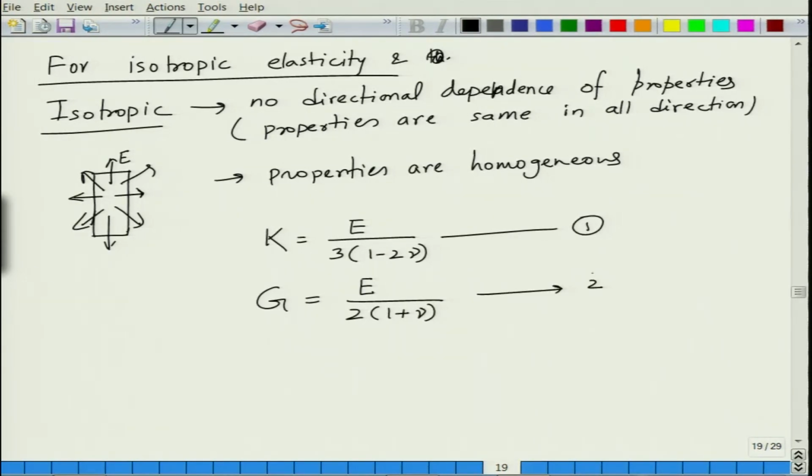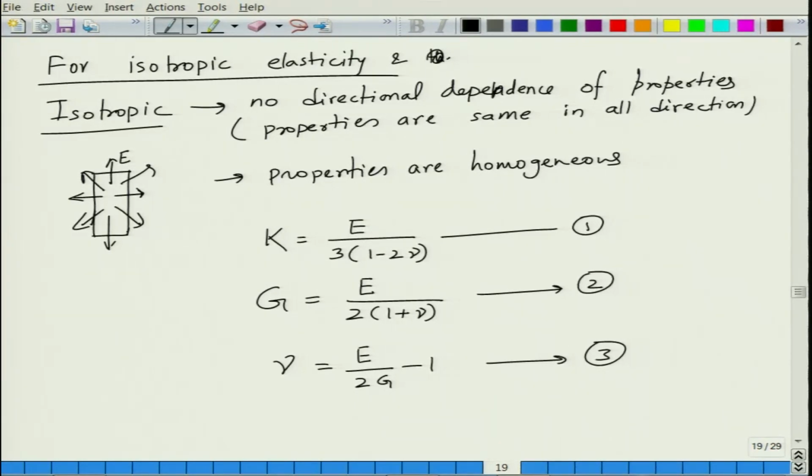This is the second relation. So, if you know elastic modulus and Poisson's ratio, you can work out K and G. If you combine the 2 equations and rearrange, you can find nu in terms of elastic modulus and shear modulus. This is the third relation. So, these are 3 fundamental relations that we obtain for different materials.